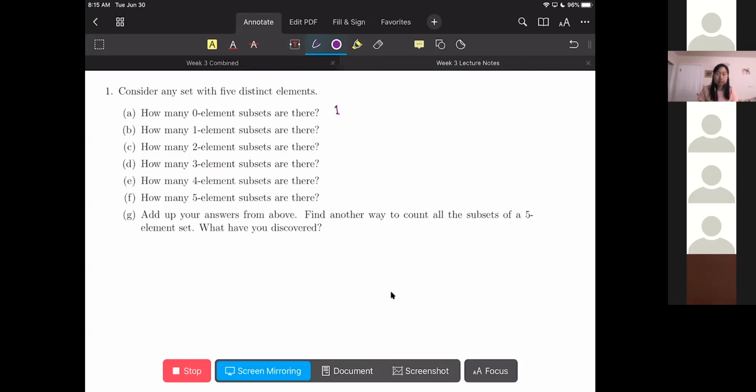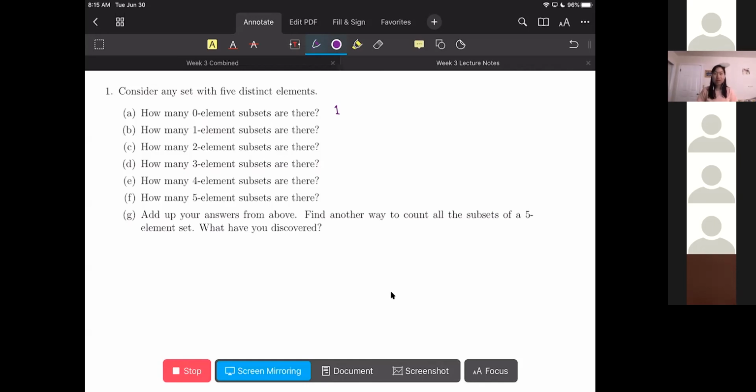So at the end of it, you'd still have 1. Yeah, so intuitively there's only one 0 element subset, which is the empty set. And you can also think, if I want to choose 0 from 5, that's 5 choose 0, which is 1.